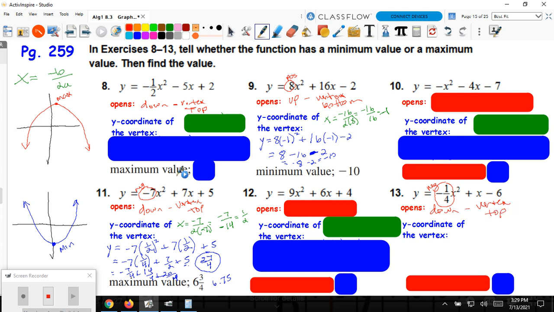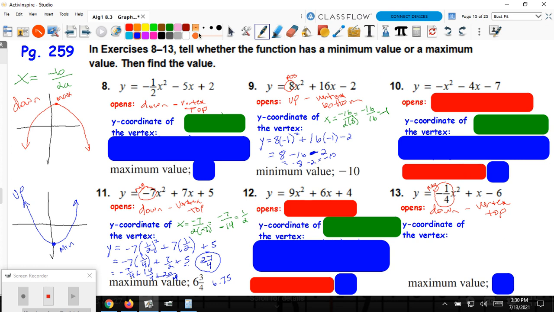If it opens down like this one, so this one's opening down, and this one is opening up. So since opening down, vertex is at the top. It's a max value then for the vertex. So maximum value. That's the first thing to determine. And now we got to determine what the number of that maximum value is.